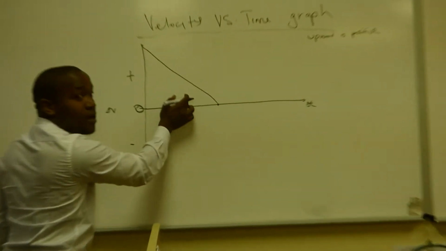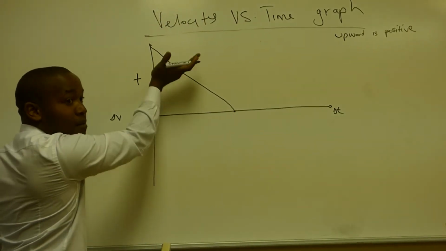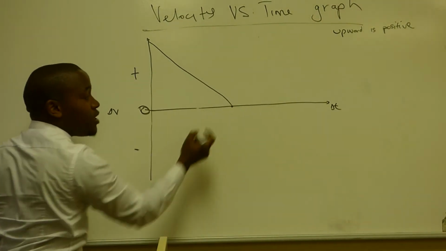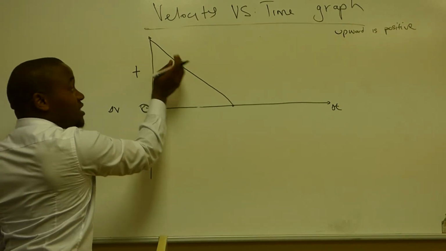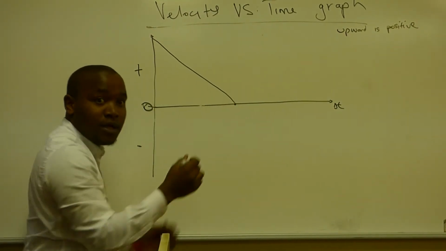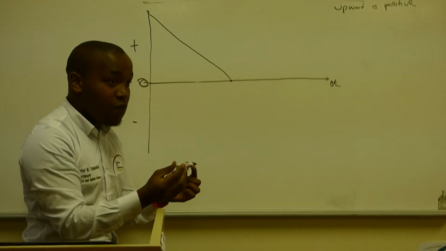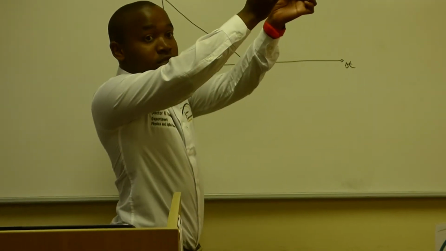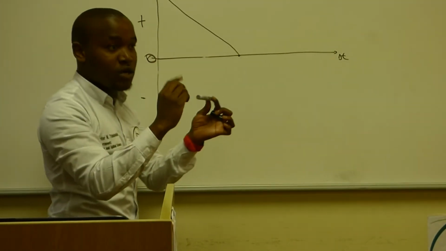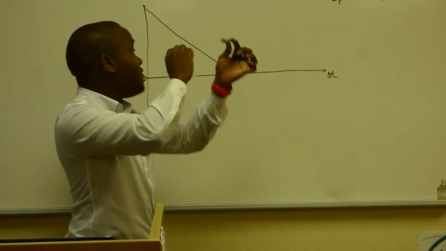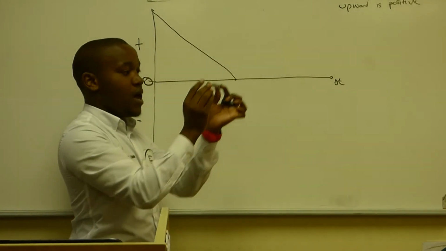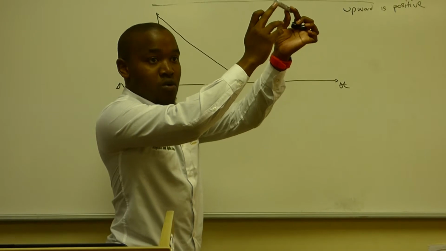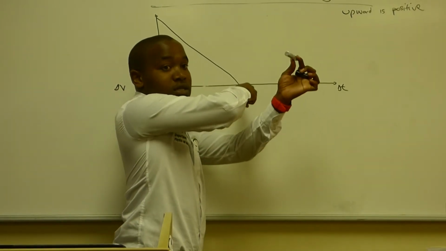It decreases. But this represents up. It's still going up, right? Up until this point. So this part of my graph will represent my motion of the ball from the initial point of projection up until this point. And we acknowledge that as I go up, my velocity decreases until it reaches 0 at the maximum height.